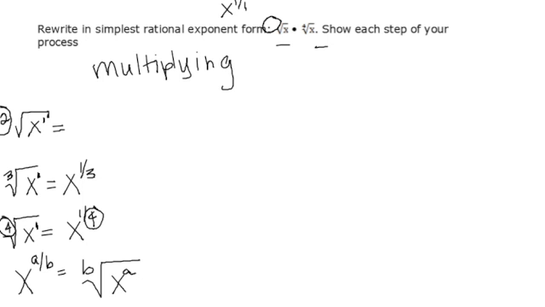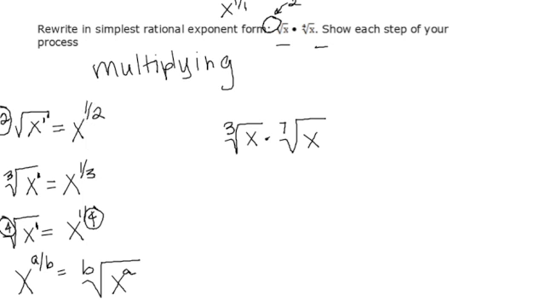I'm going to say, what if we had the cubed root of x times the 7th root of x? Very similar. Remember, up here in this example, there is a 2 there. How do I know? Because it's not written. So x to the 1/2.